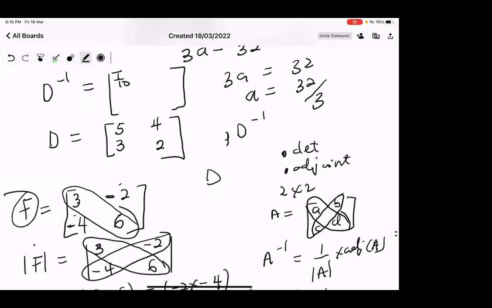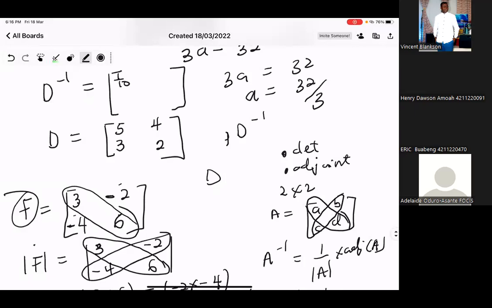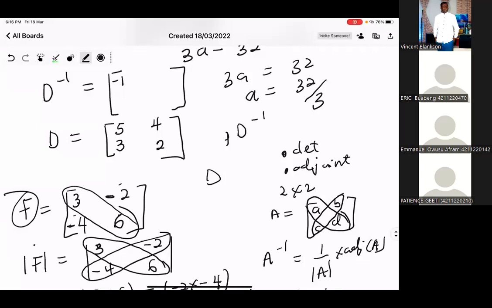No, madam is wrong. Madam is -1, 2. It's -1, 2. Then 3/2, 5/-2. On the row, -1, 2.